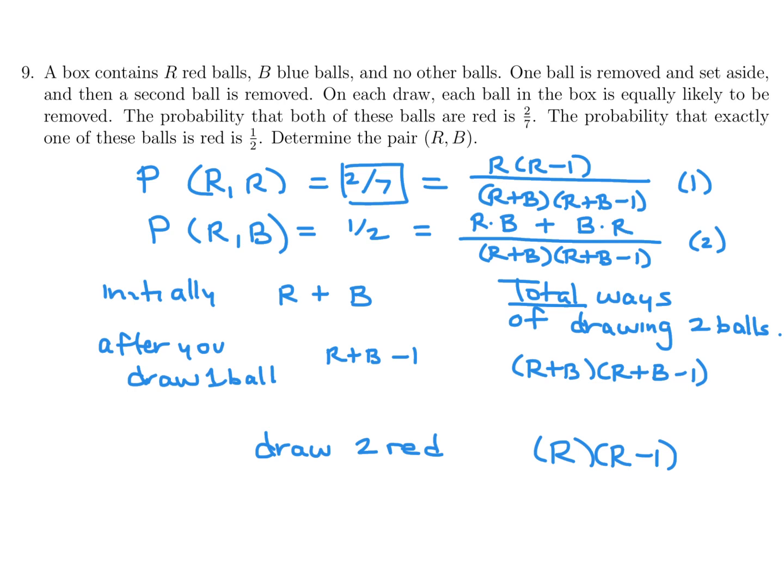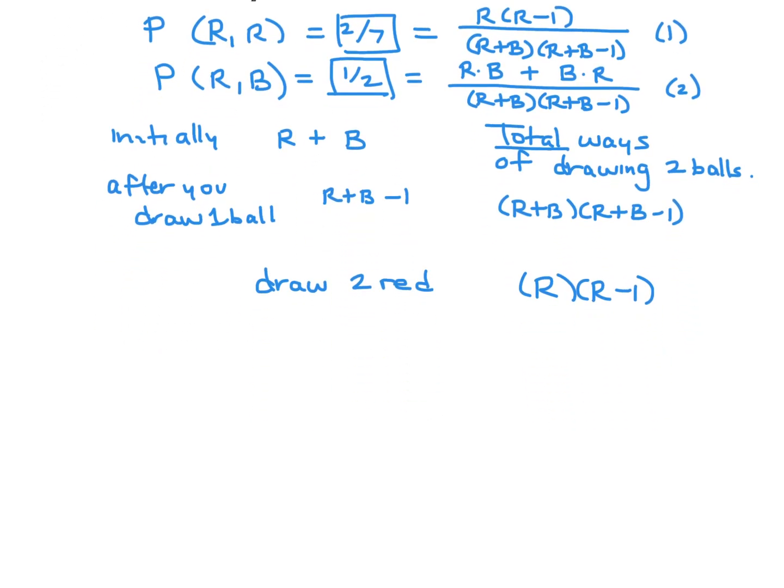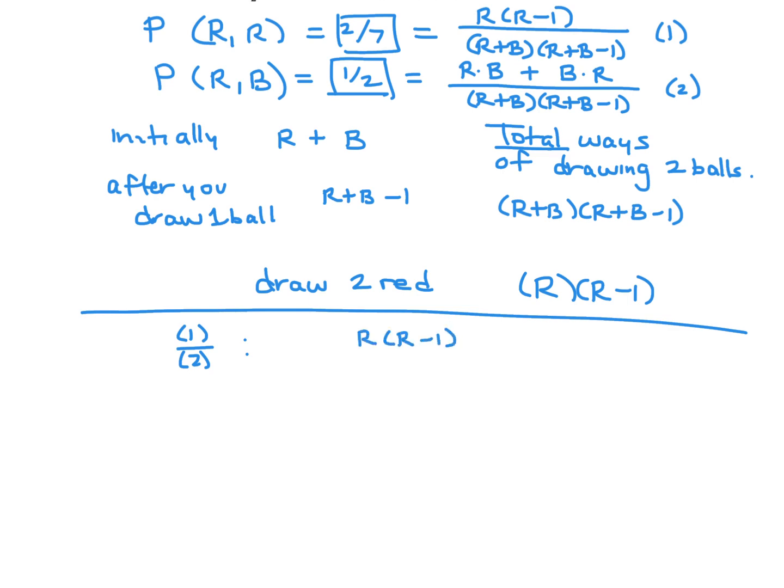And then now, since we have 2 equations and 2 variables, our job is to solve for R and solve for B. So let's do that. I will do that by taking equation 1 and dividing by equation 2, and then what I'll get is R times R minus 1 over 2RB, and it'll be 4 over 7.